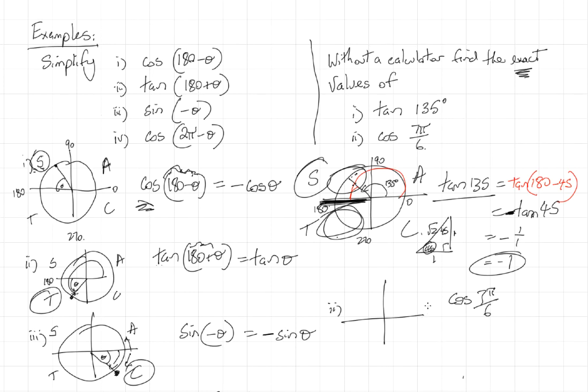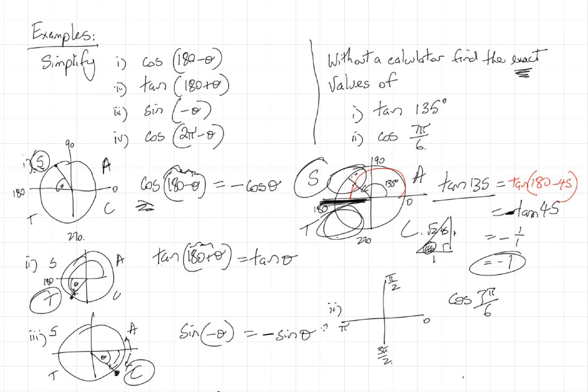So if we're working in radians, we've got 0, pi, pi on 2, and we've got 3 pi over 2. Now we want an angle of something over 6, so all of these need to be converted to something over 6.